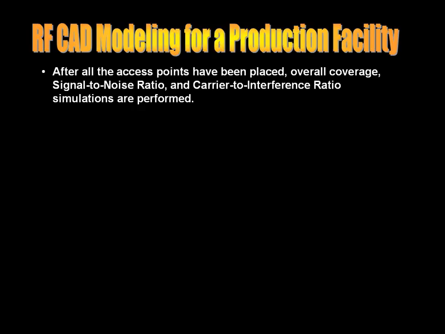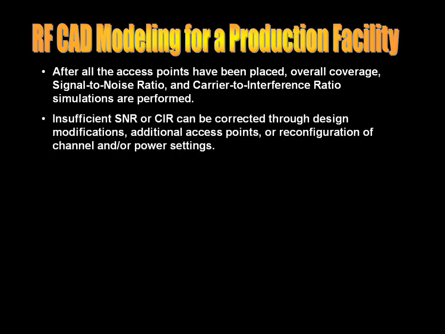Signal to noise, that is, how strong the signal is relative to background noise, and carrier to interference, how strong the desired signal is relative to all the other signals, are critical pieces for proper operation in a design.